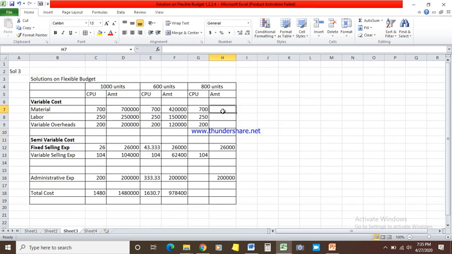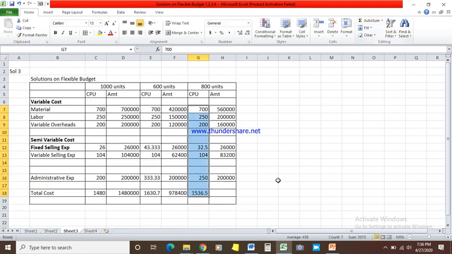Now accordingly for 800 units, what happens? So 700 into 800. I'll just take the values. 26,000 divided by 800, 104 multiplied by 800. 2 lakh is the fixed administrative expense, 2 lakh divided by 800.